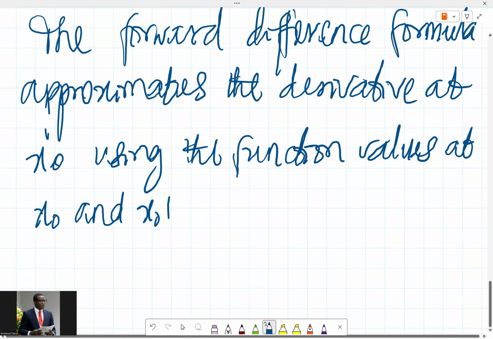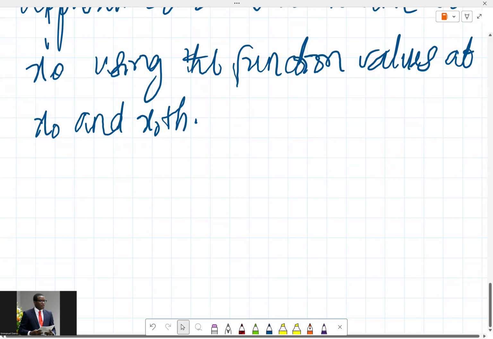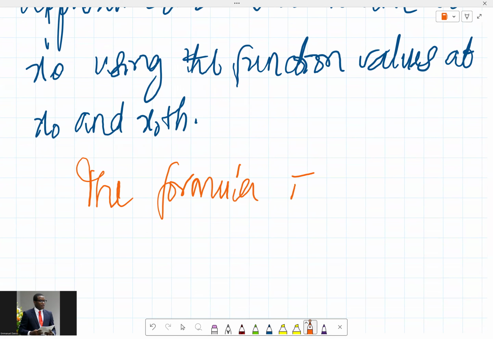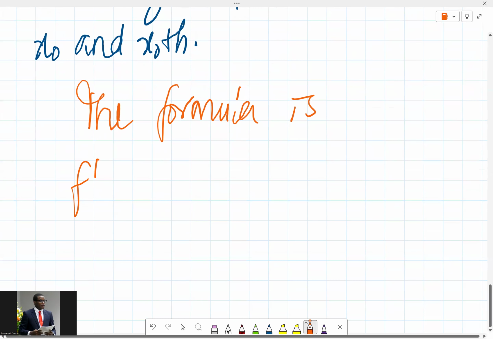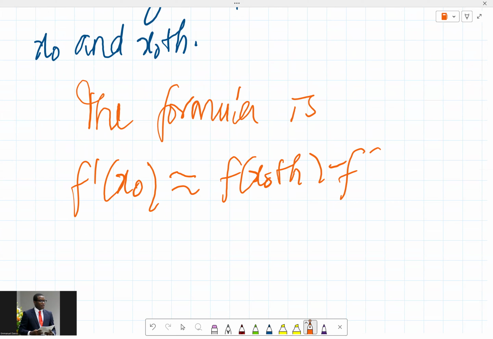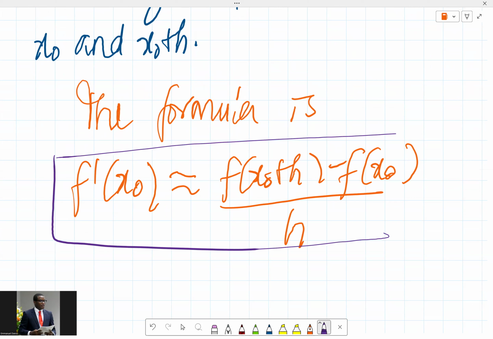That's why it's called forward difference: you start from x naught and move a step ahead. So here the formula is f prime of x naught is approximately f of x naught plus h minus f of x naught, all over h.